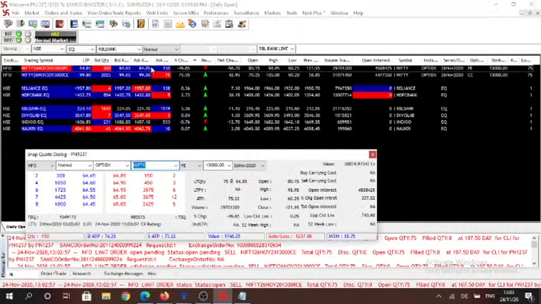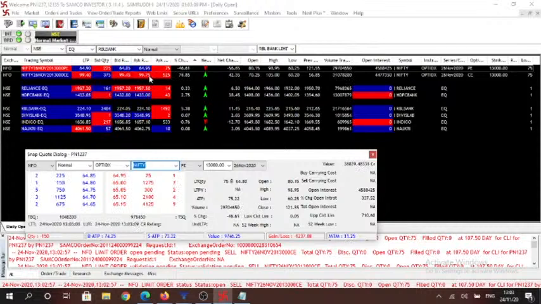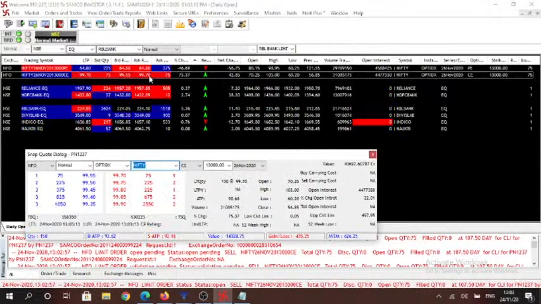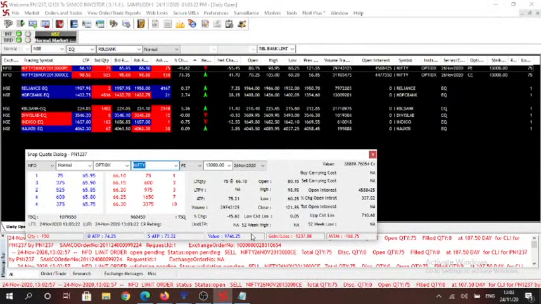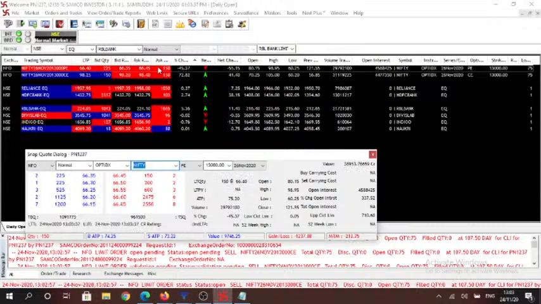We have only two puts, so let's see. Let this break 60.